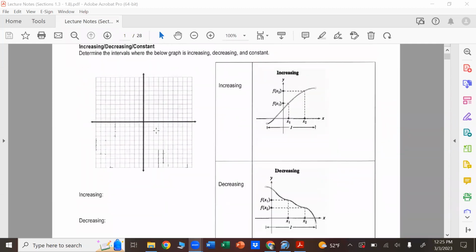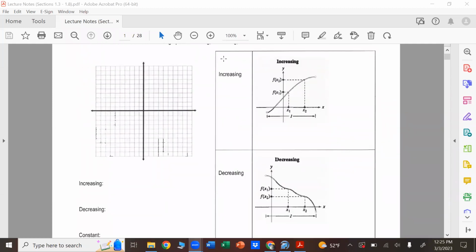So let me give you a sample. I'm just going to totally make one up right now. Let's say I got something that looks like this.